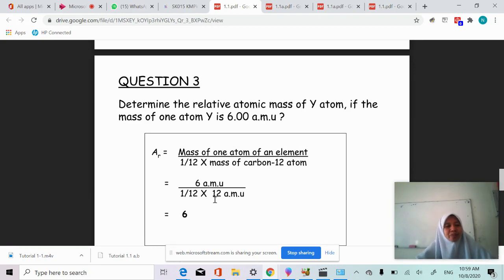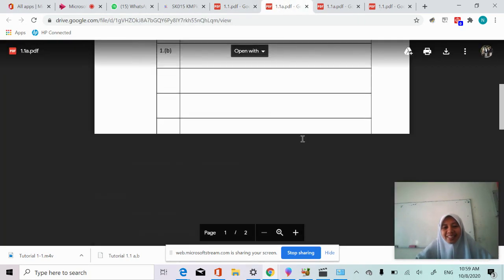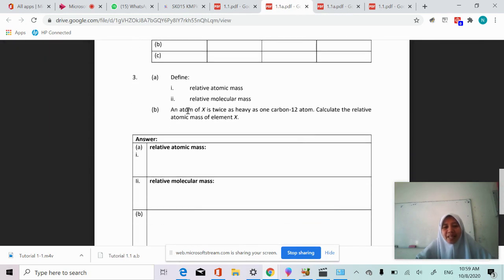And C, an atom of X is twice as heavy as one carbon 12 atom. What does that mean? One carbon 12 atom, what's the mass?